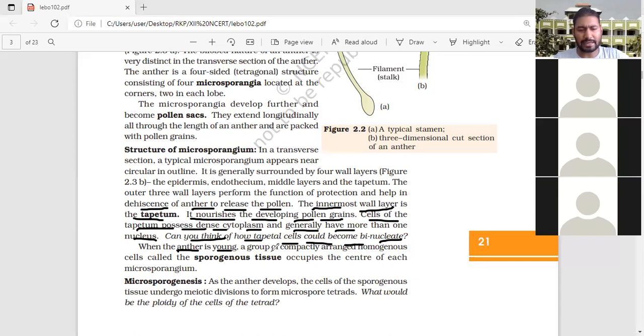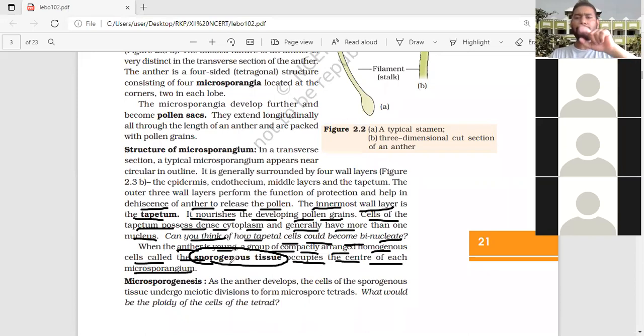When the anther is young, a group of compactly arranged homogeneous cells is called sporogenous tissue. I told you they are filled with the sporogenous tissue, and this sporogenous tissue forms the PMC or MMC, pollen mother cells or microspore mother cells, occupying the center of each microsporangium.